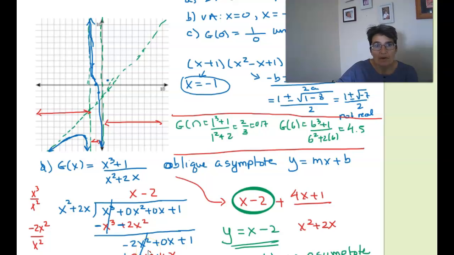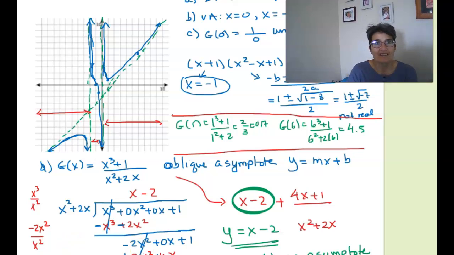So 1, 2, 3, 4.5 over here. This means we're stuck up here. So it goes close to the vertical asymptote, then at this point it turns around, and then it hugs it like this. So that's what it looks like.